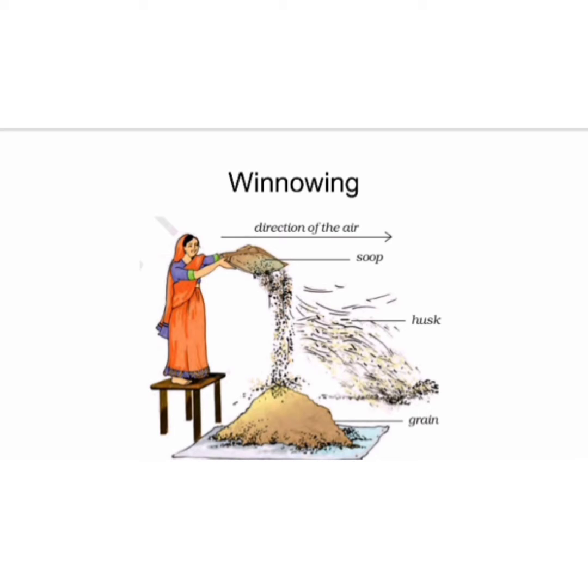The lighter husk particles flow away and the grain falls down and forms a heap near the platform floor, and the husk is separated by this process. This is called the winnowing process.